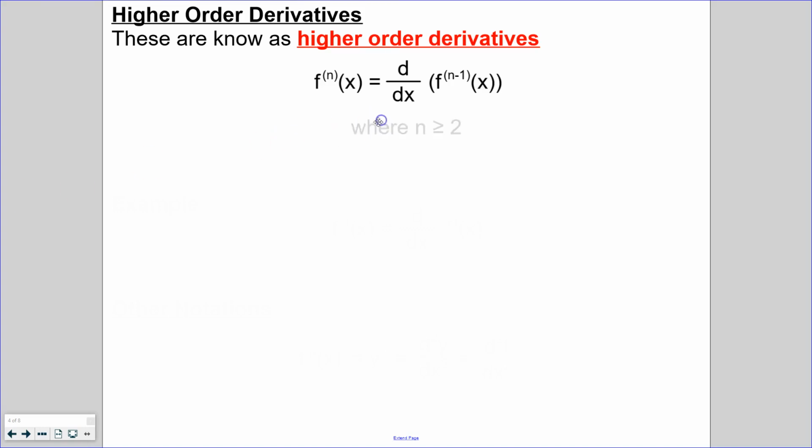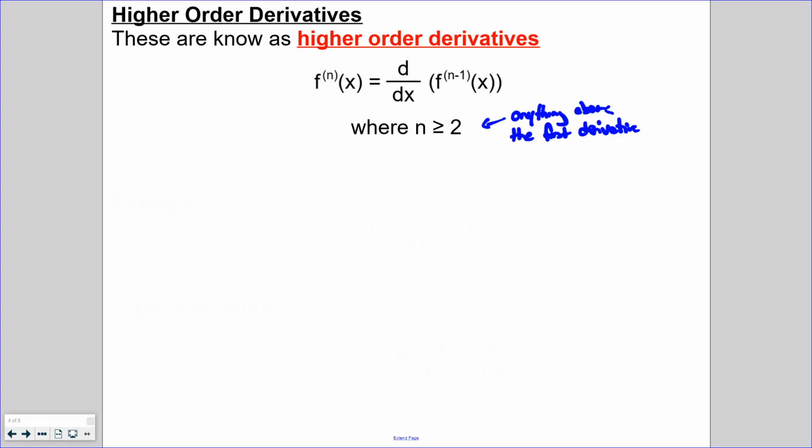And the only condition here for n is that n has to be greater than or equal to 2. And that's because we said that any derivative above the first derivative is a higher order derivative. So 2 or above represents a higher order derivative.